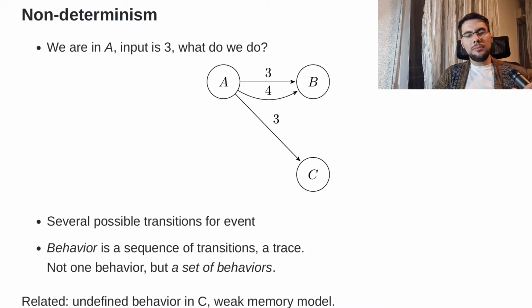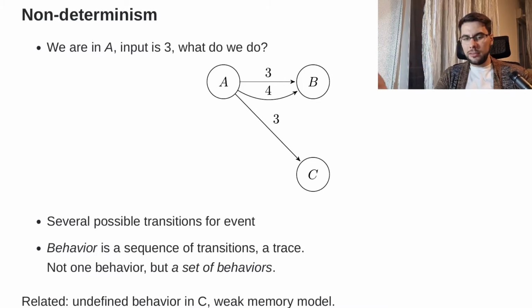For a given input stream of events, we will call a behavior of a finite state machine a sequence of transitions from the initial state to a final state. So a behavior is a trace of execution. Now, what if there are multiple outgoing arrows annotated with the same event, and we don't know what to choose?